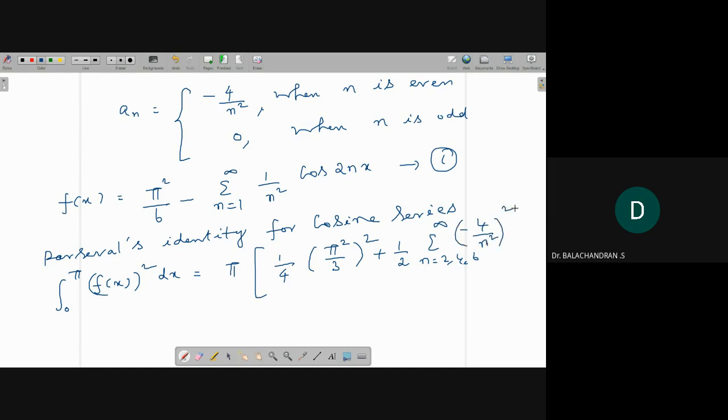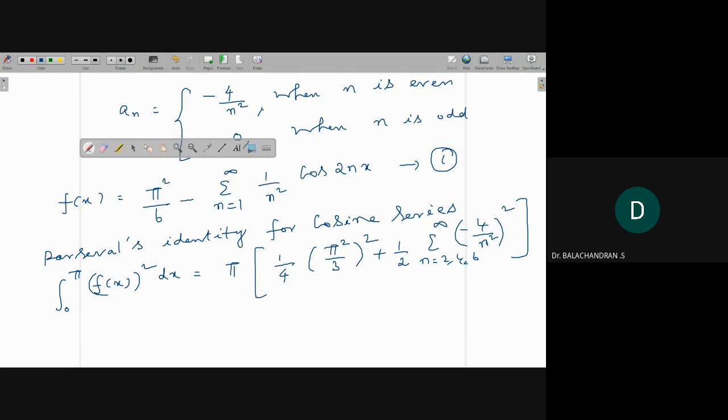This is a n square. Now close the bracket. So now the left hand side is what? f of x is pi x minus x square. Integral 0 to pi of pi x minus x square whole square into dx.